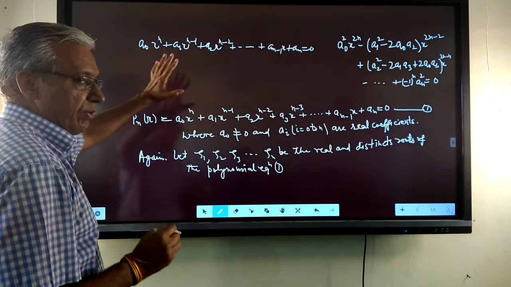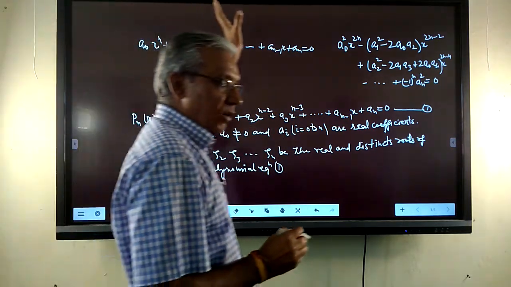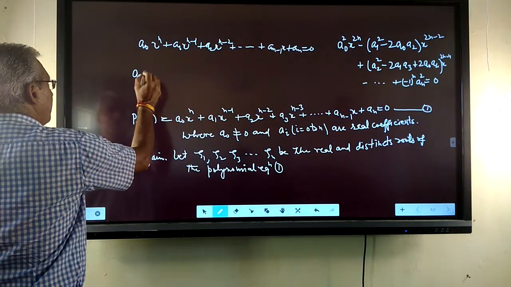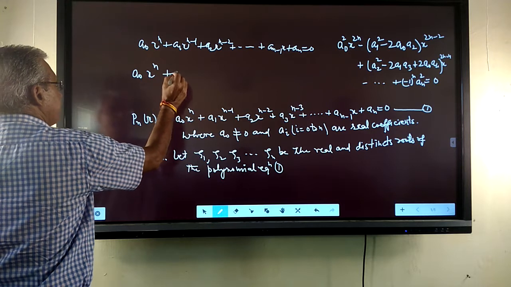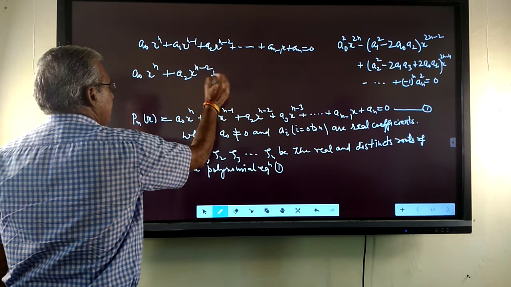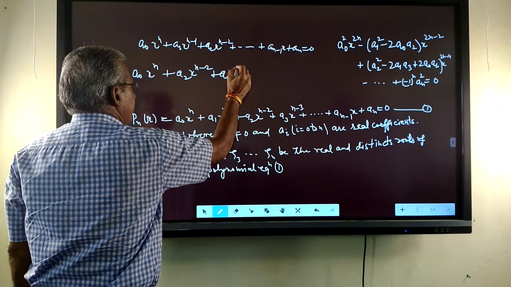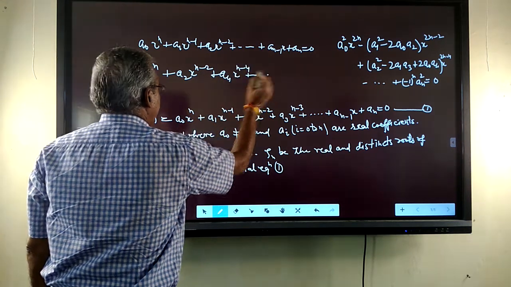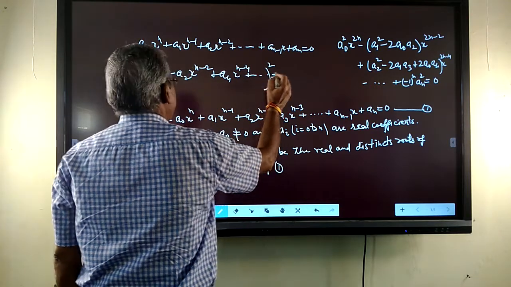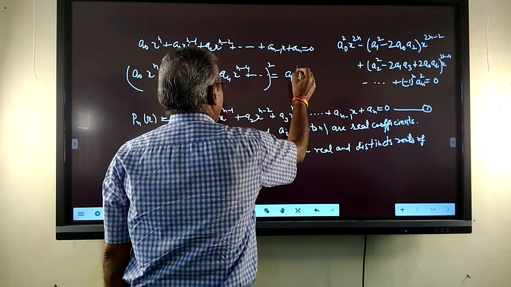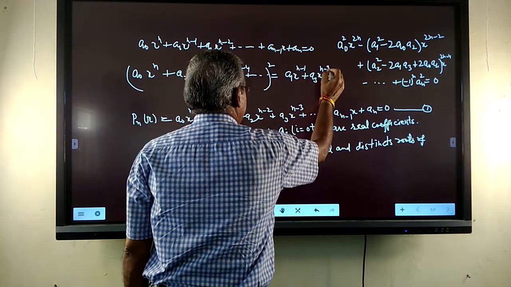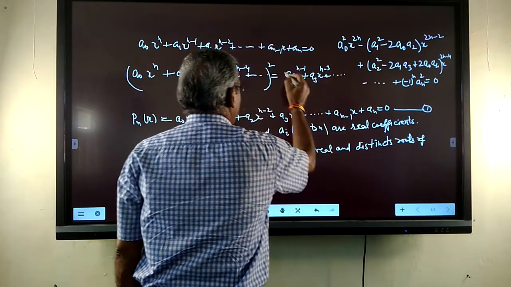Suppose we take even powers on the left side and odd powers on the right side. Therefore this can be written as a0 x to the power n plus a2 x to the power n-2 plus a4 x to the power n-4 plus and so on, and then squaring, equals a1 x to the power n-1 plus a3 x to the power n-3 plus and so on, squared.